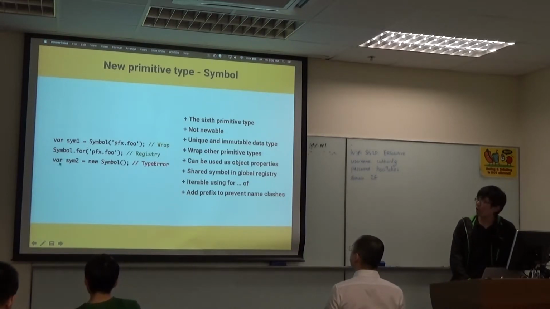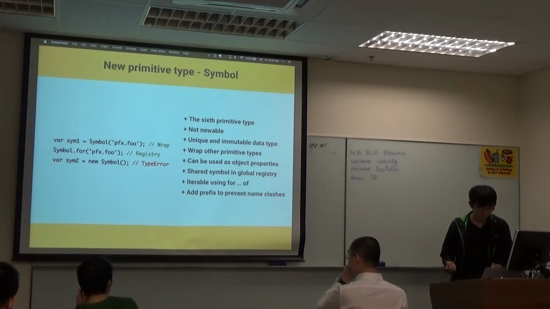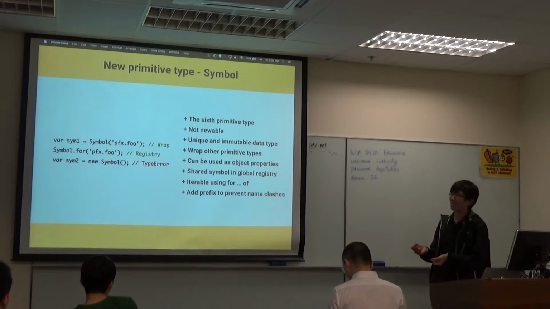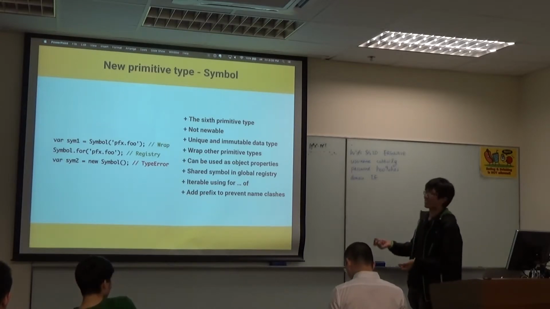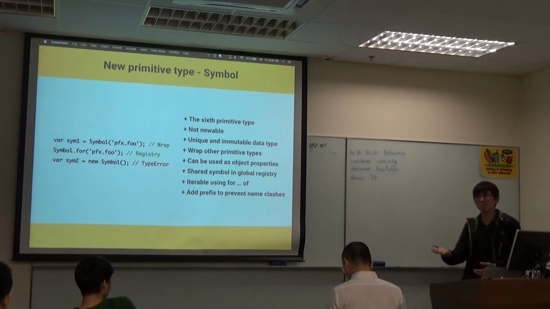Symbol.for is a little bit different because there is a global registry. When you use Symbol.for, you search through the registry whether the symbol is already registered. If yes, just return the registered symbol. If not, just create one to register.